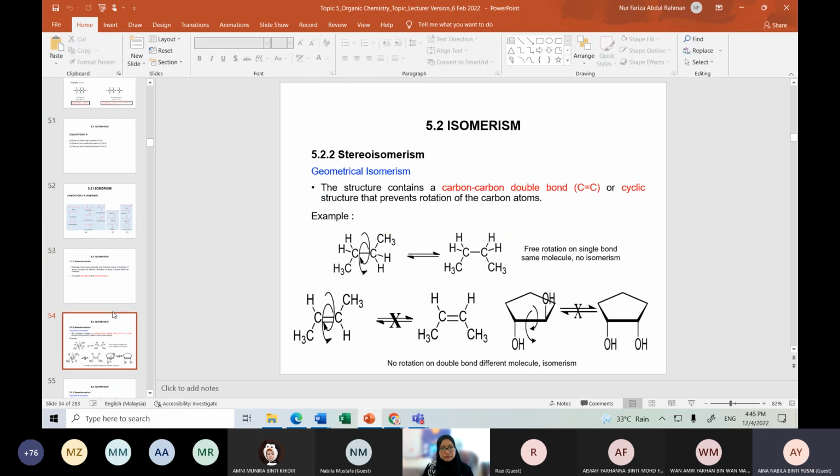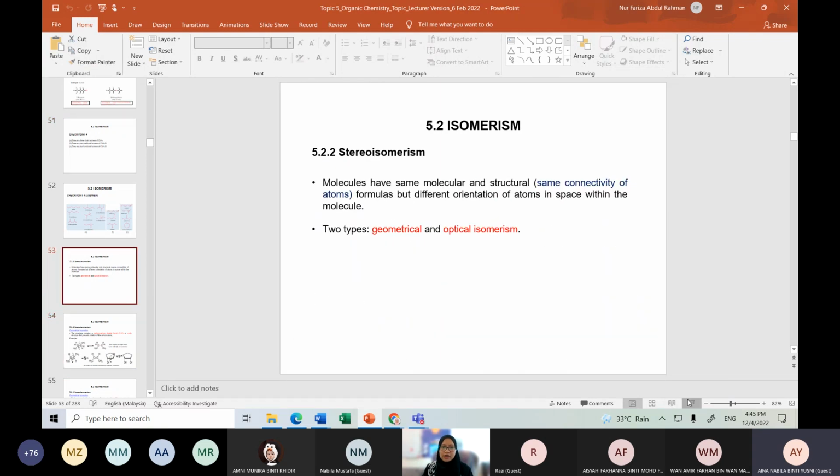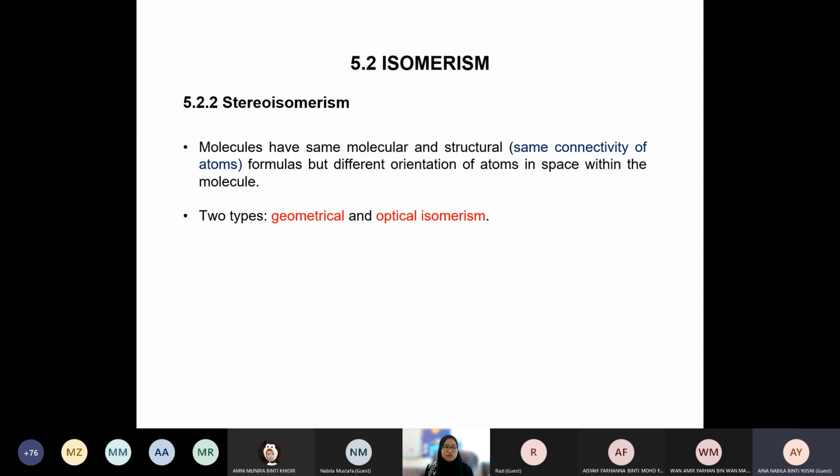I'm going to proceed to the next, which is stereoisomerism. This is the new topic that you will be learning today. Please make sure that you really understand it.